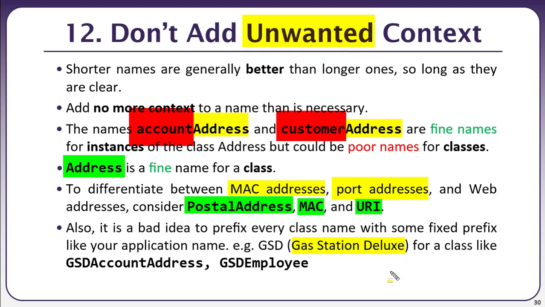So what I do is prefix every table and every variable name with some short form or specific combination of letters like GSD. So I can have GSD account address, GSD employee. In that case, what I can observe is that this GSD and this GSD are providing unwanted context which must be avoided.